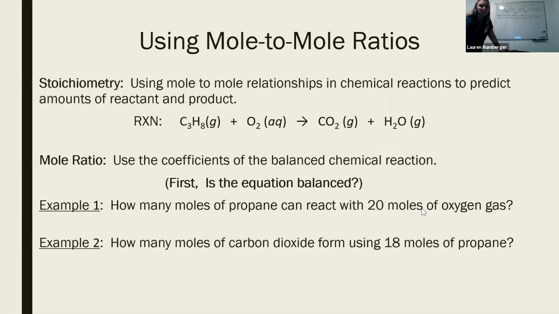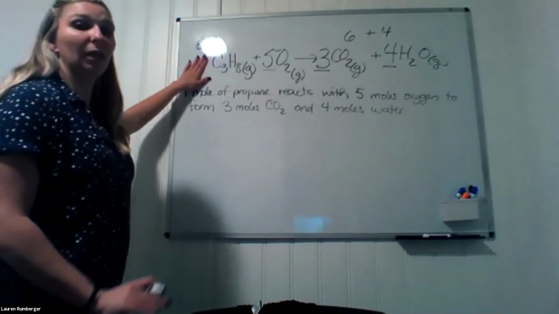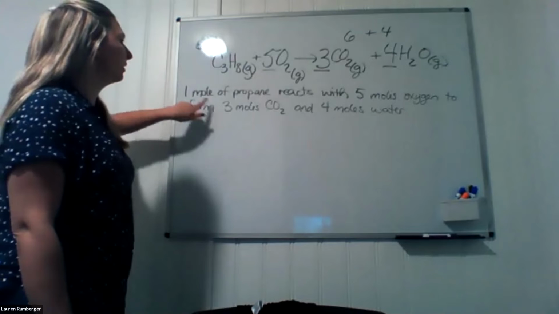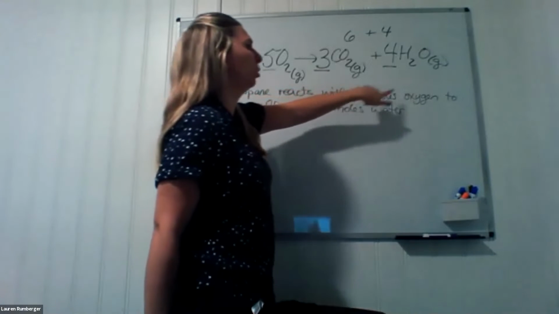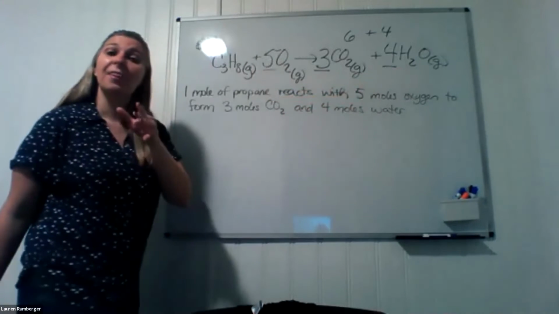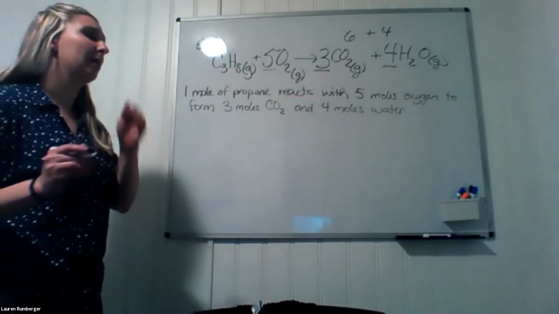Okay, so now this is asking for the relationship between the oxygen that's reacting with the propane. So referring back to our equation here, we see 1 mole of propane reacts with 5 moles of oxygen. That we can identify as a mole ratio, okay?